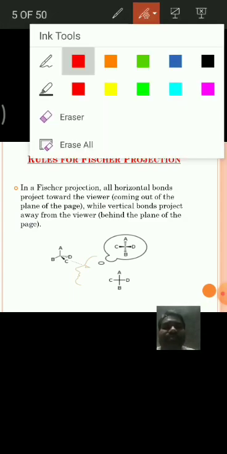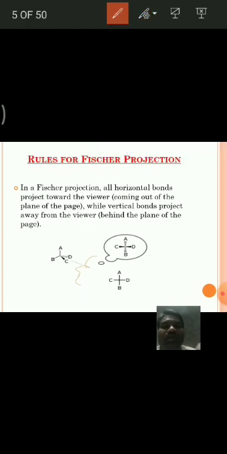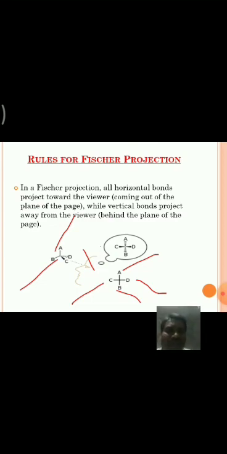For example, if you see here from the viewer, the C and D bonds project towards the viewer, and A and B substituents are away from the viewer, so the A and B groups are placed on the vertical line, and C and D groups are placed on the horizontal line.